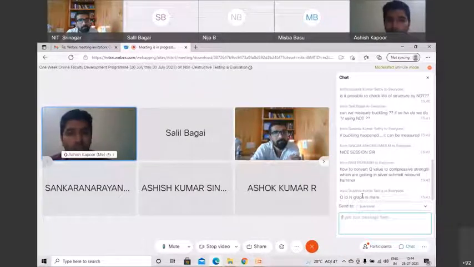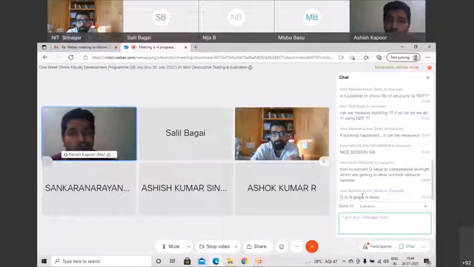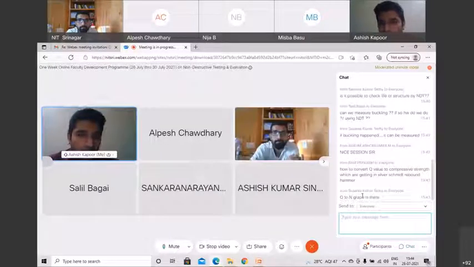So you take out cores from 10 to 12 columns and calibrate your rebound hammer on those cores, and you will get a calibrated rebound value from that. Based on that value, you will evaluate the remaining 88 or 90 columns, so that your whole structure will be completed, and you are not going to disturb all 100 columns.